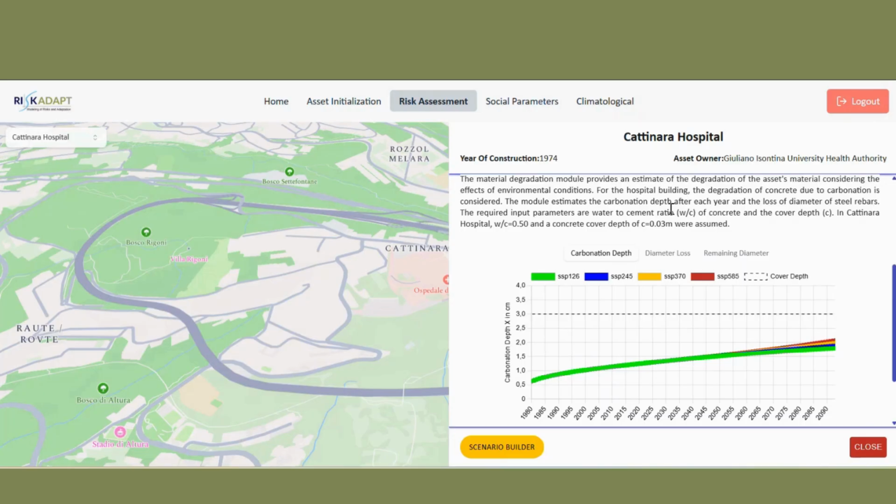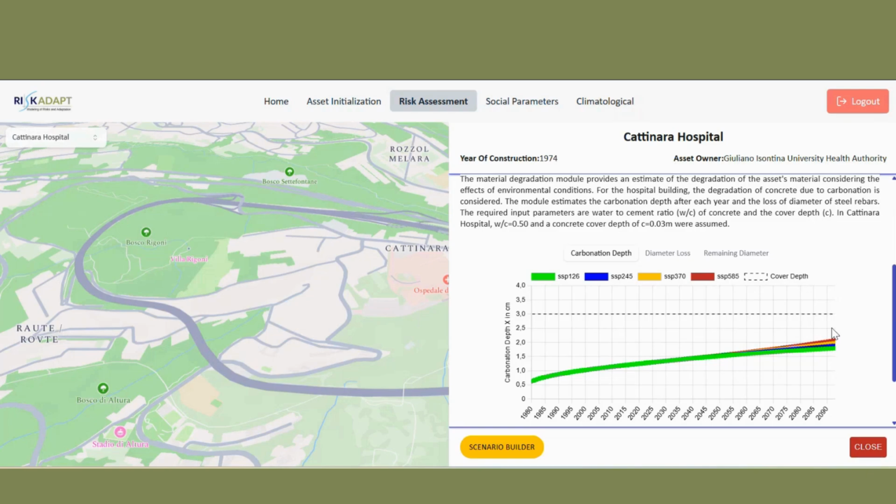Based on that, you can see in the graph that we have the cover depth as a dotted line, which is our limit. And if we take one by one the scenarios until the end of the 21st century, by year 2099, since the prediction models provided data until that year, we can see that the carbonation depth, even in the worst case scenario, will be lower than 3 centimeters.